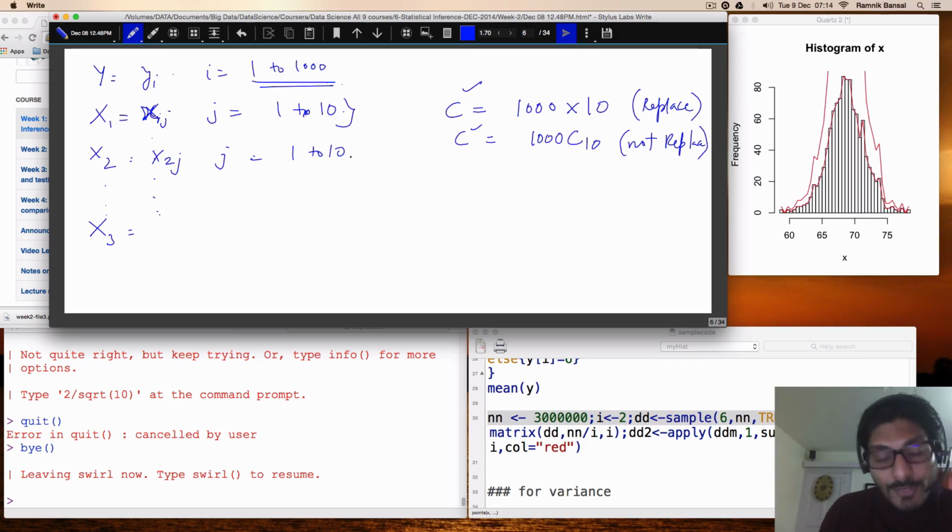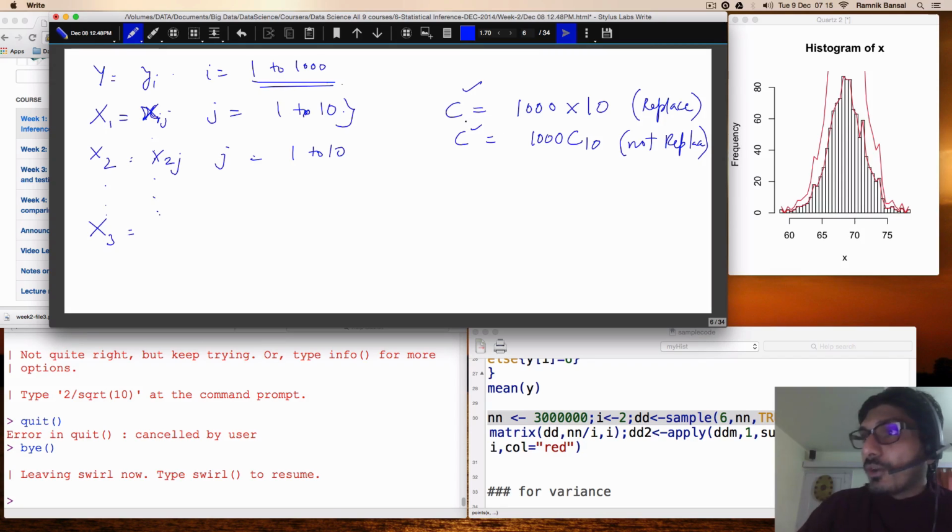We took all possible ways of selecting samples and took the average of what each sample was giving, and it came out to be exactly the average of the overall population. Do you remember that example? Same thing I'm repeating here.